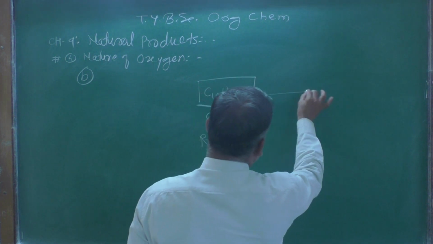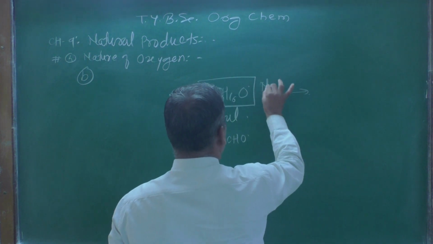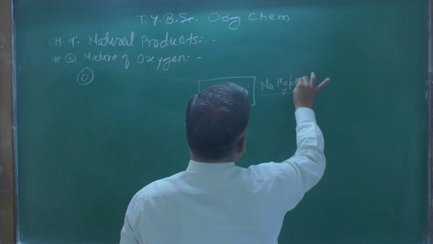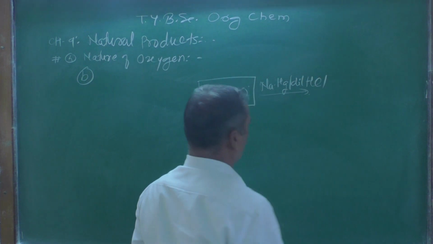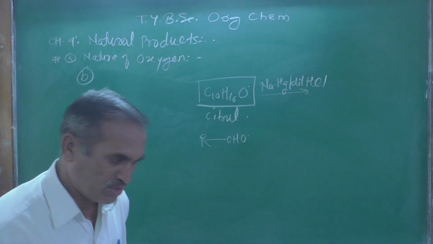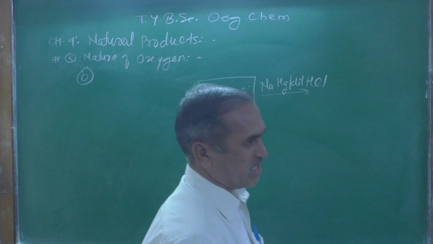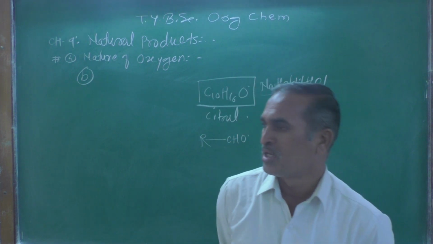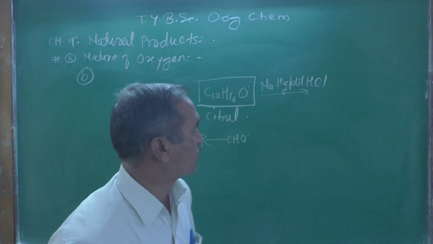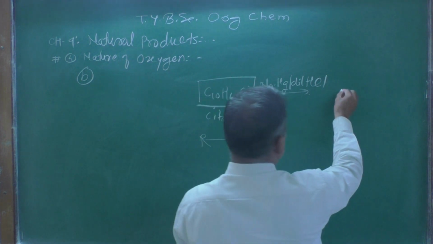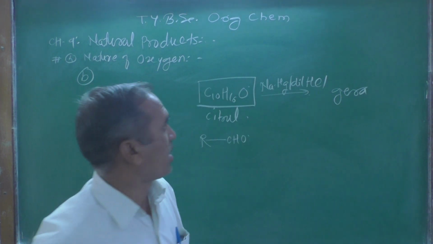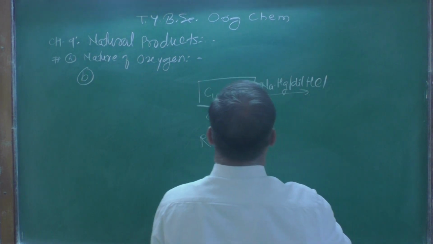When it is treated with a reducing reagent like sodium amalgam in presence of dilute HCl, a very good reducing reagent which reduces the carbonyl group, whether aldehydic or ketonic, it forms geraniol.